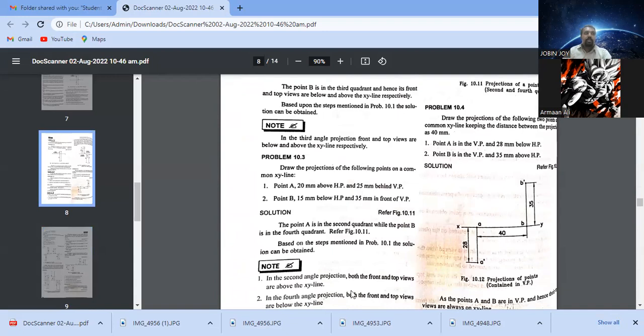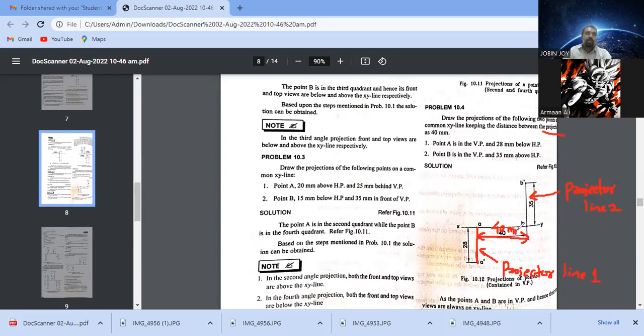This line represents projector line 1. And this line represents projector line 2.